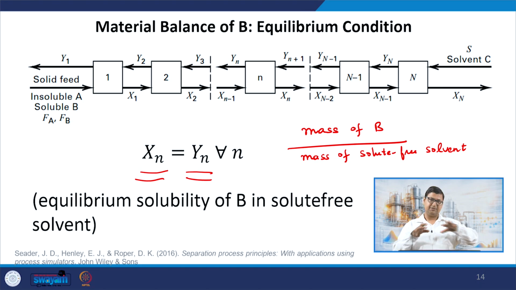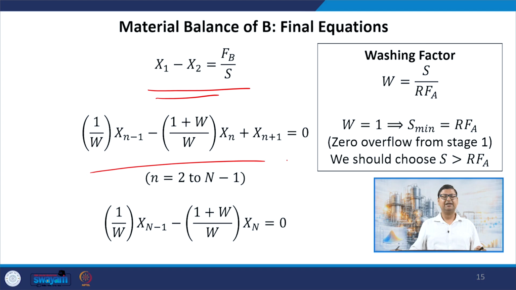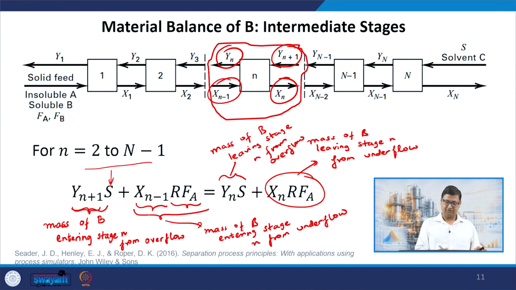But in all the separation processes we are going to discuss, mostly we are going to assume that we have a condition of equilibrium. So in that case, xn is going to be equal to yn, and if I plug it into my earlier equations, you can see we get equations like this. So let us start from the first equation here.